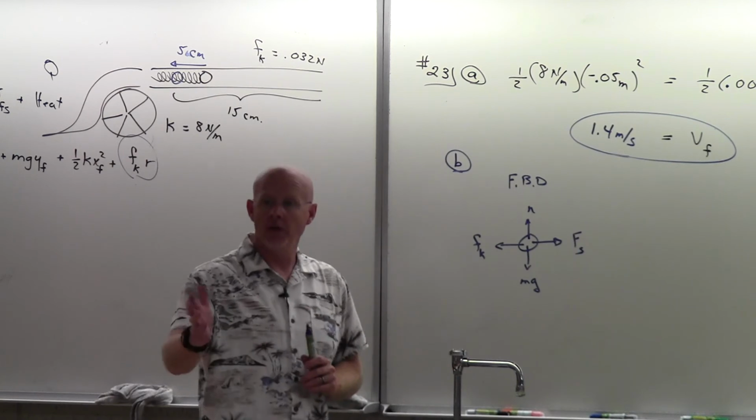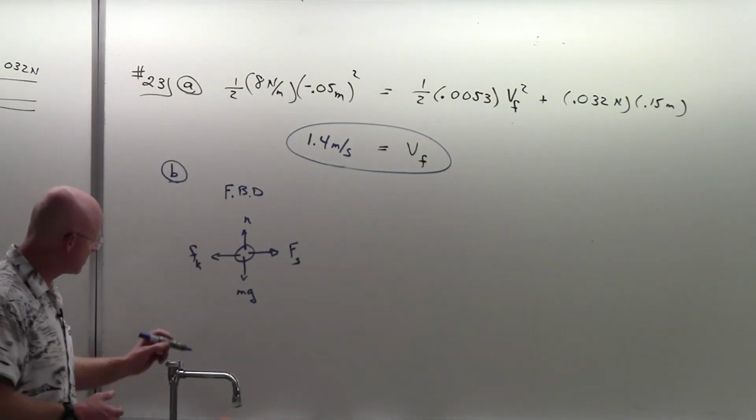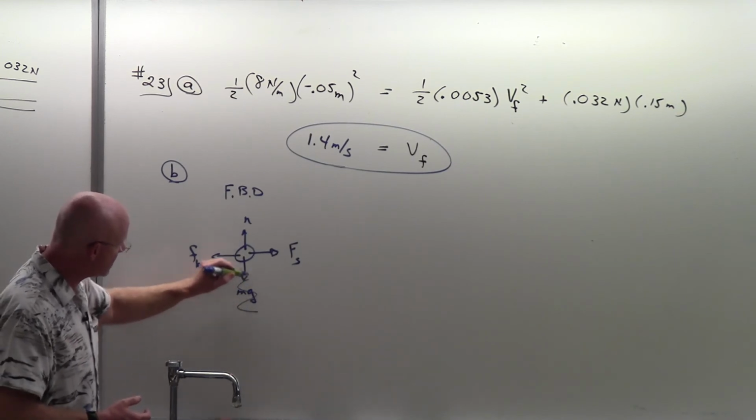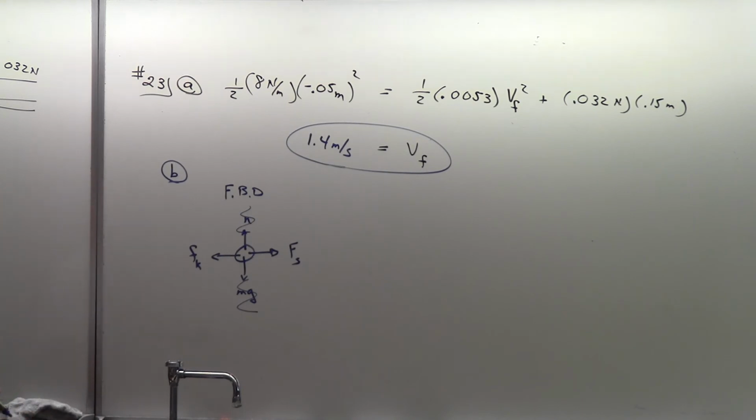But let's just look at the horizontal forces for a moment. Since my question is what is its maximum speed, I guess this one and this one is not really my focus. When will this object be accelerating, going faster, and accelerating, going slower?